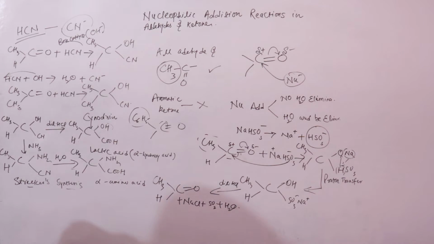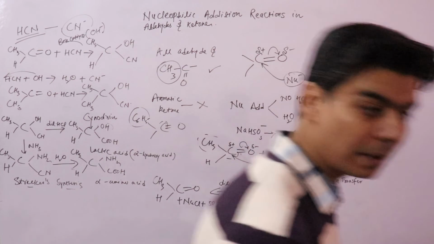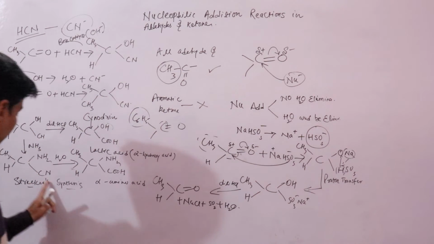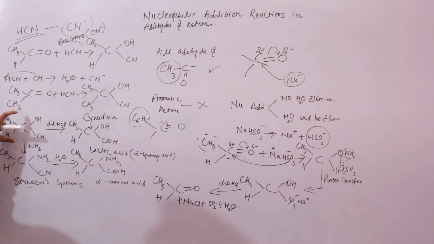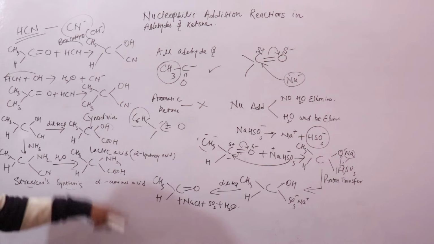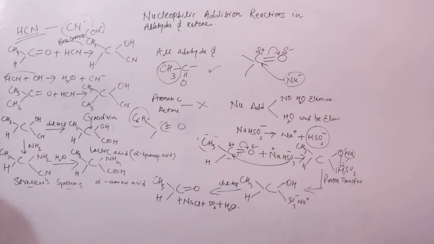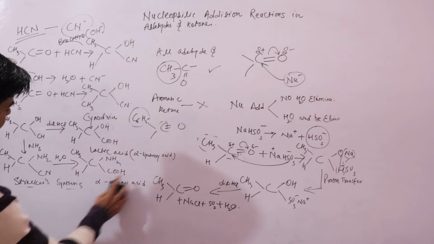We know that there is a reducing agent, lithium aluminium hydride. So lithium aluminium hydride will reduce this CN group to CH2NH2, to form beta amino alcohols.